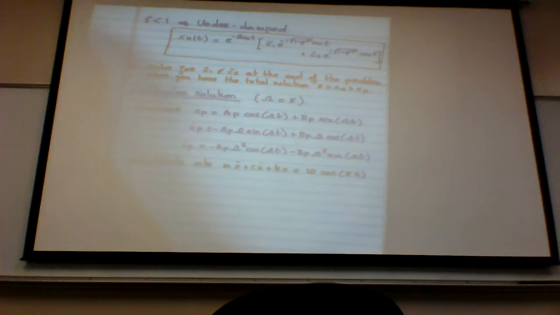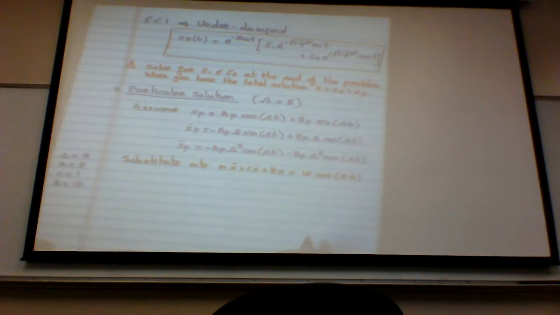Okay, so I'm going to start putting values over here, it's going to be easier. So we know that capital omega equals 5, m equals 5, c equals 1, k equals 10.